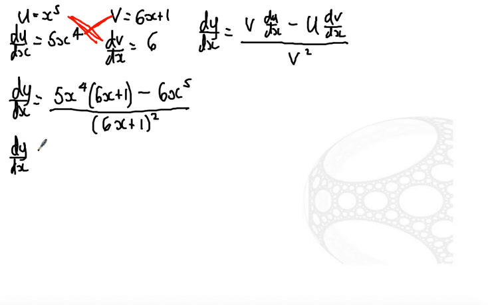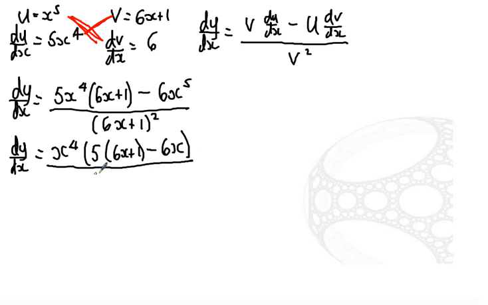expressions. So what I need to do here is factorize terms. We've got a common factor of x to the power of 4, so I'm going to take x to the power of 4 outside the bracket. That leaves me inside the bracket 5 times 6x plus 1 minus 6x, all over 6x plus 1 squared.